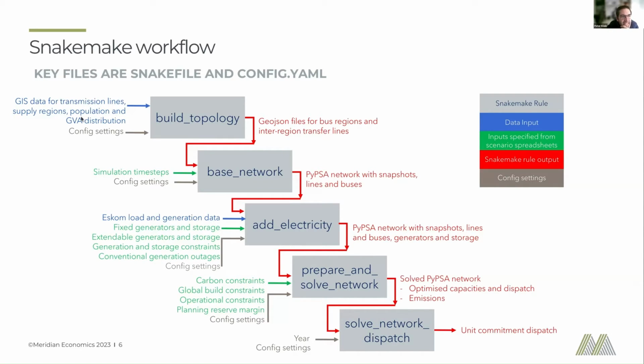What we do is we take that and we feed it into this build topology network. And essentially what it does is try to estimate what the inter-region transfer capacity is between different buses. And we'll go through, at the end of this presentation, a more detailed workflow of how we do that and some sample calculations around those line transfer capacity calculations.